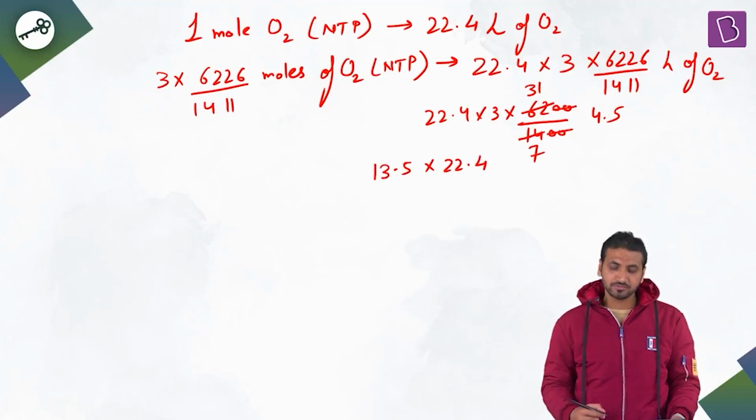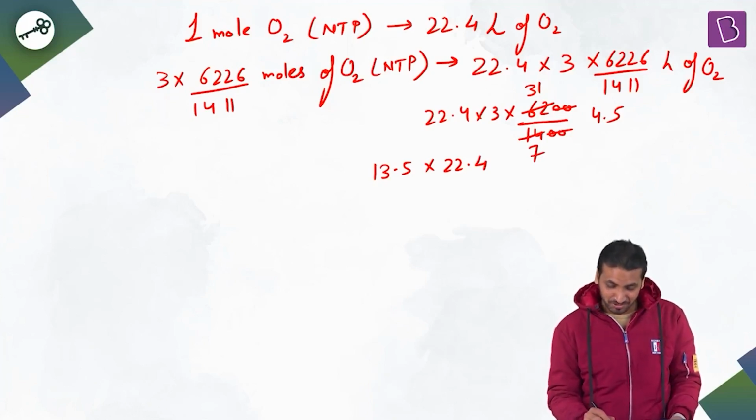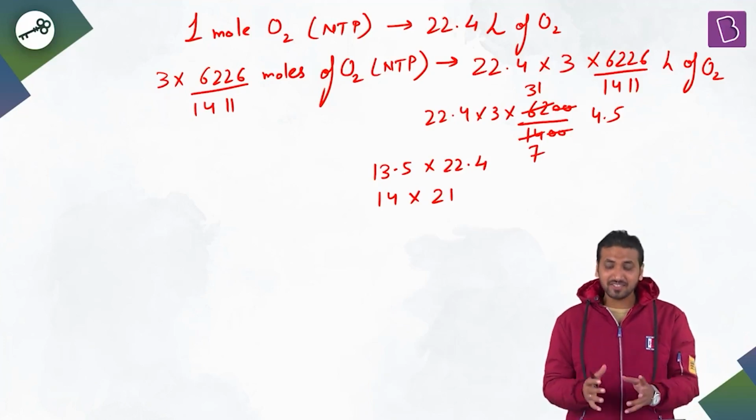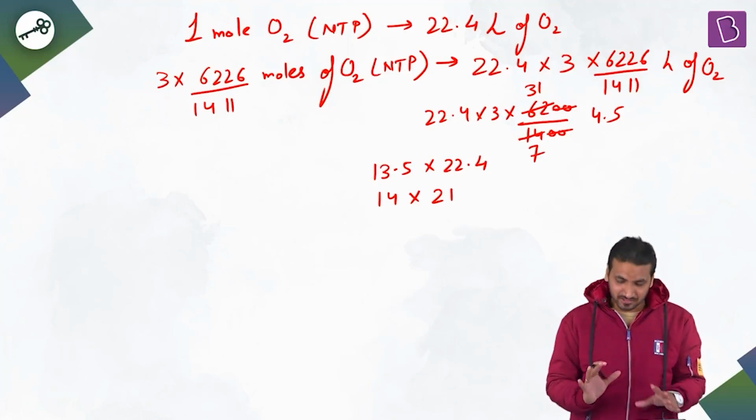Can I just take one more very absurd approximation? I'll write it as 14 into 21. See, I have taken approximation in the reverse manner, so that the error gets cancelled somehow.